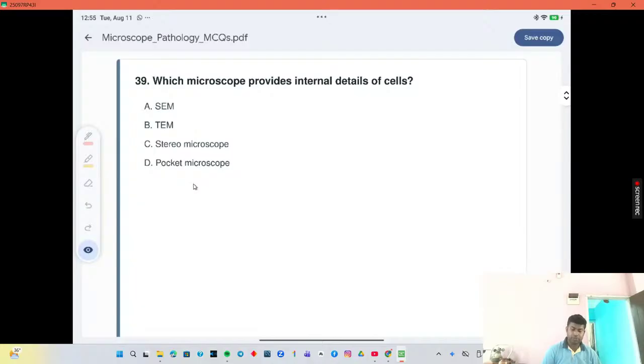TEM microscope helps us to see internal detail of cells. The right answer of this question will be TEM, transmission electron microscope.